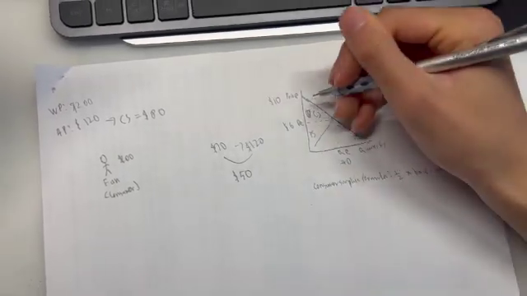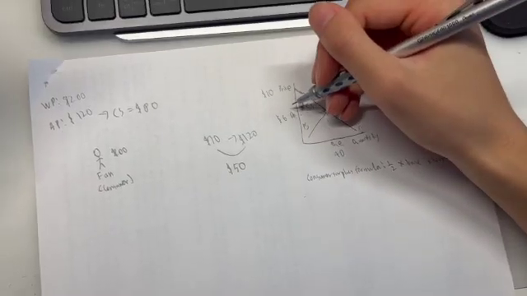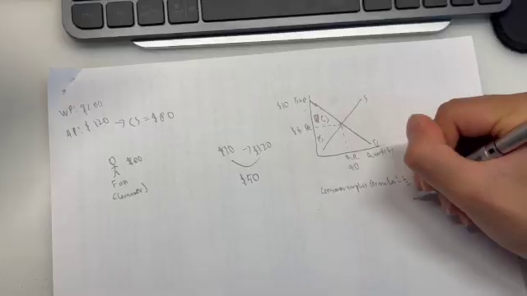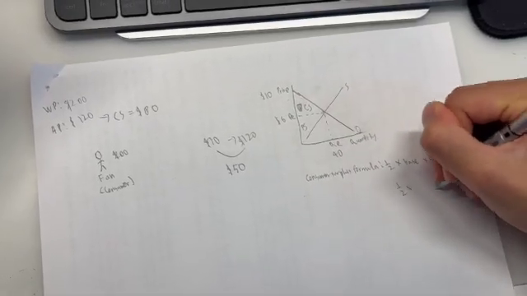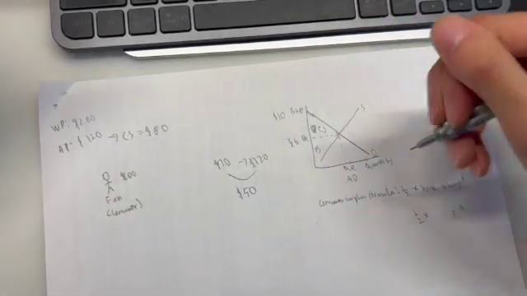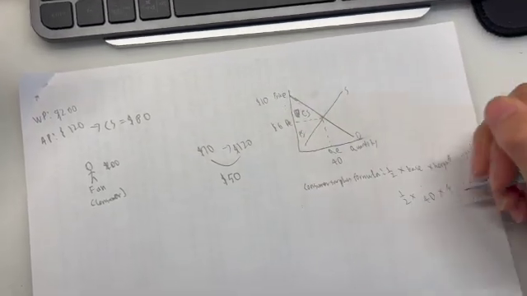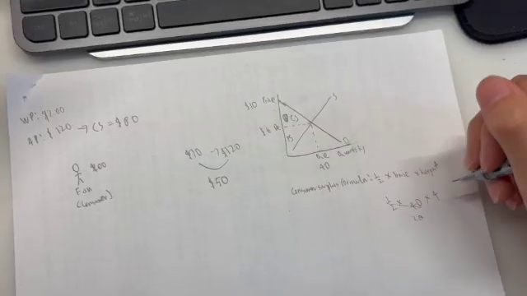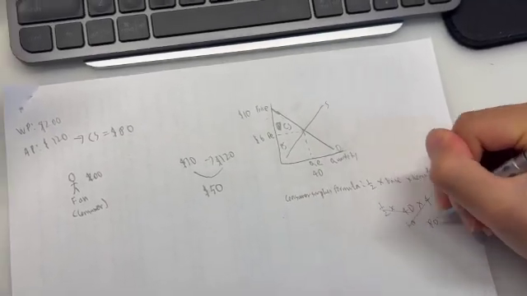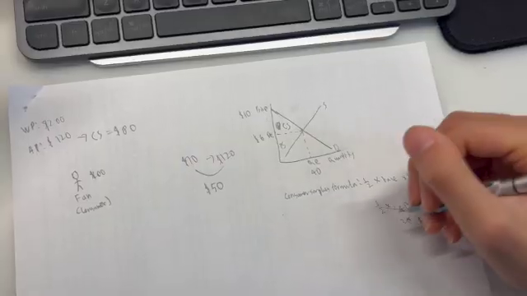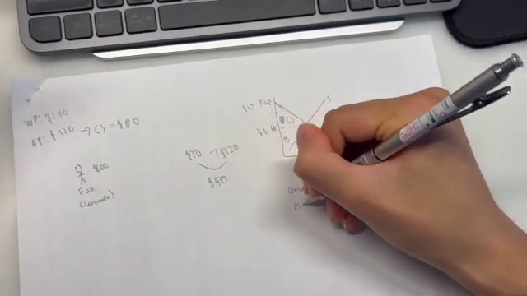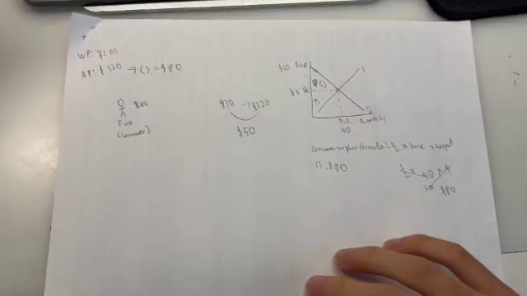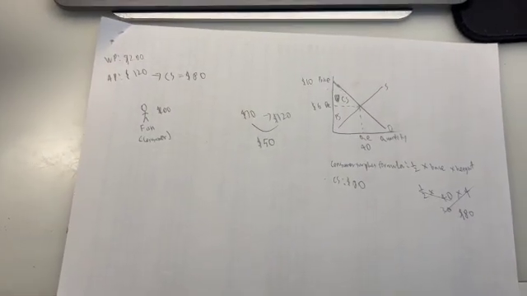In this scenario, the height is $4 because 10 minus 6 is 4. The base is 40 because the quantity was 40. So 1/2 times 40 is 20, and 4 times 20 is 80. So the consumer surplus becomes $80.